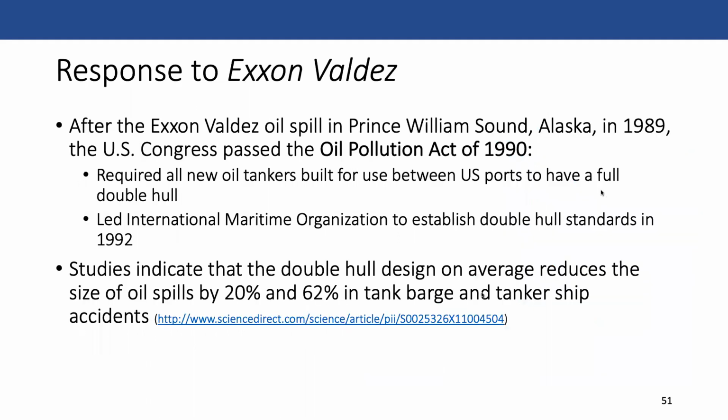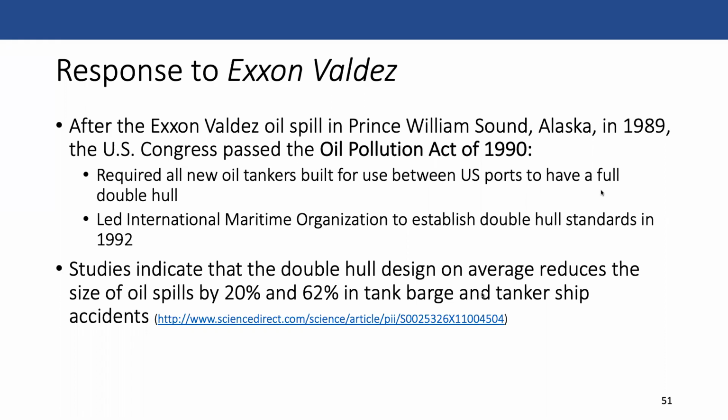As I was mentioning, there are regulations that help to reduce or avoid some of these impacts, but unfortunately, a lot of these things happen sort of after the fact. So the Exxon Valdez oil spill resulted in Congress passing the Oil Pollution Act of 1990, which basically required all oil tankers to have double hulls.